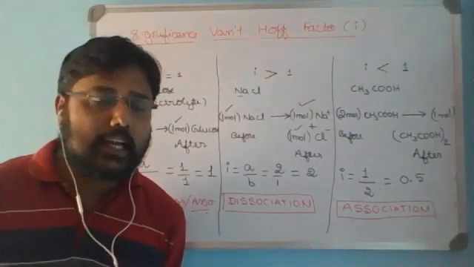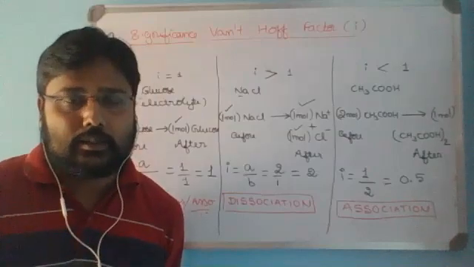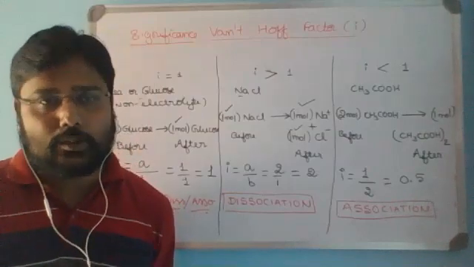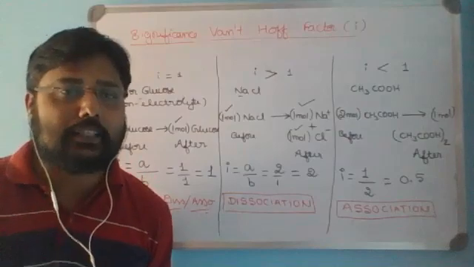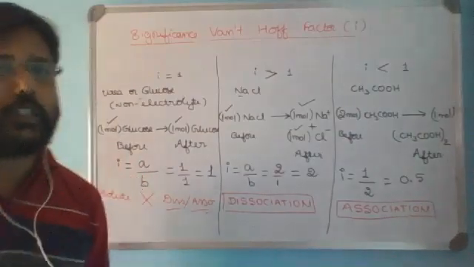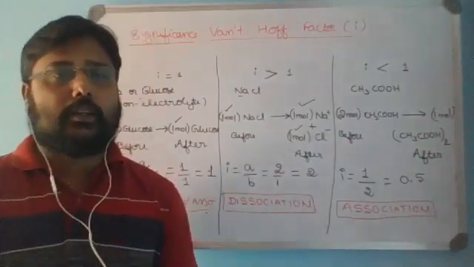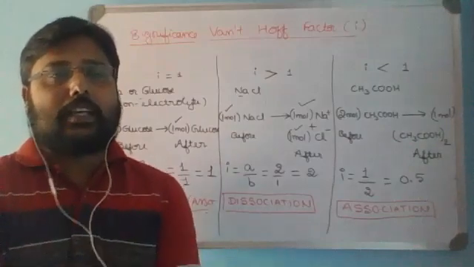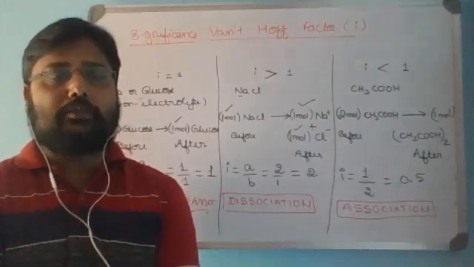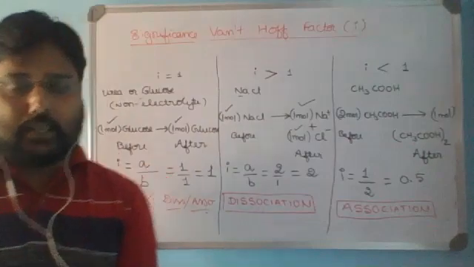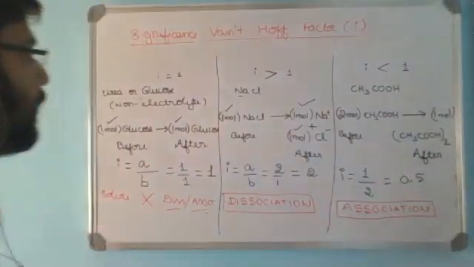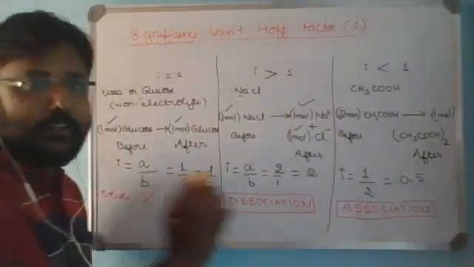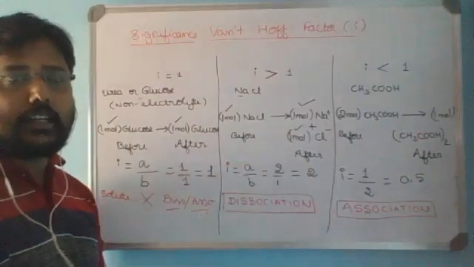Greater than 1 signifies dissociation of solute, lesser than 1 indicates association of solute in the solution. This is the main conclusion about the significance of the Van 't Hoff factor for a solute in solution. Hope these three significances are clear now.